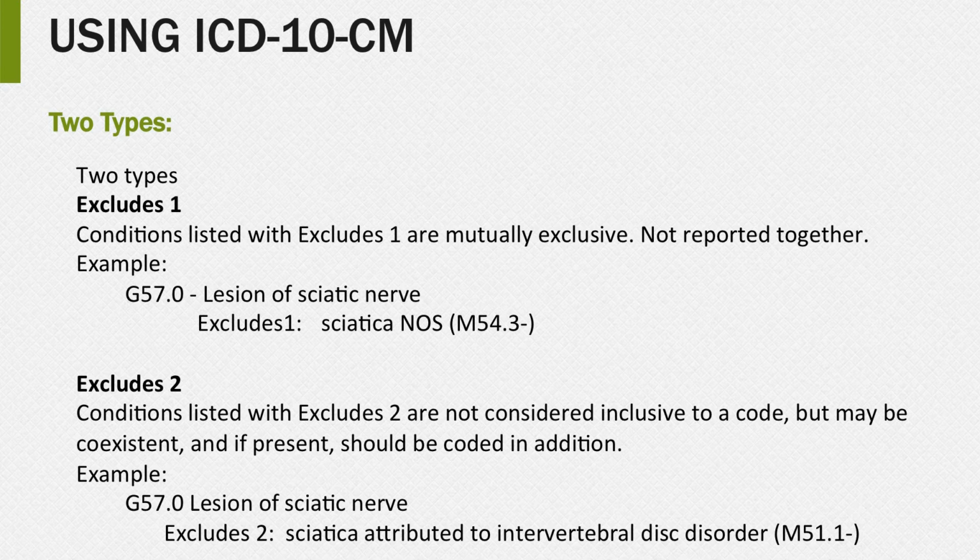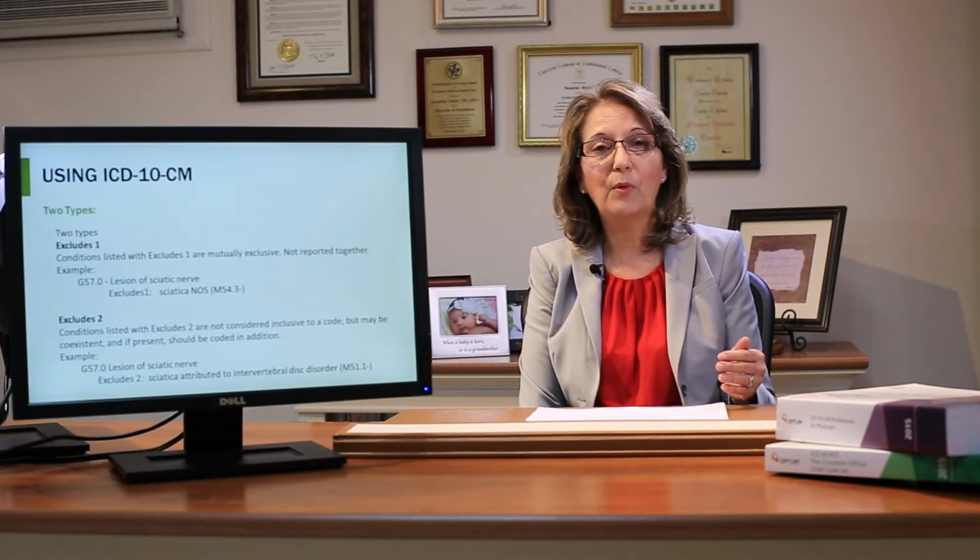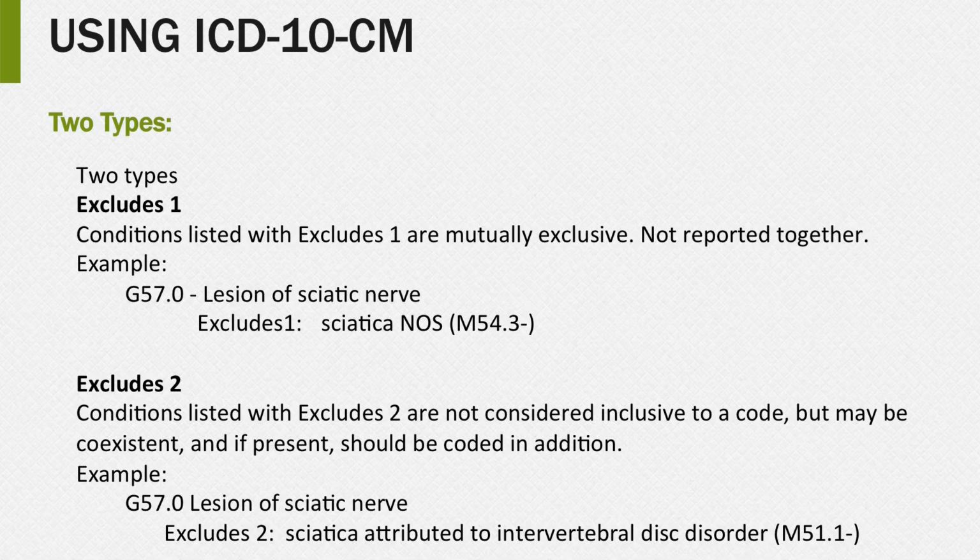In the case of a lesion of the sciatic nerve, we see that it excludes sciatica. So we would not report the sciatica along with the lesion of the sciatic nerve. This makes perfectly good sense because if we were to do so, we would be reporting the sciatica twice.